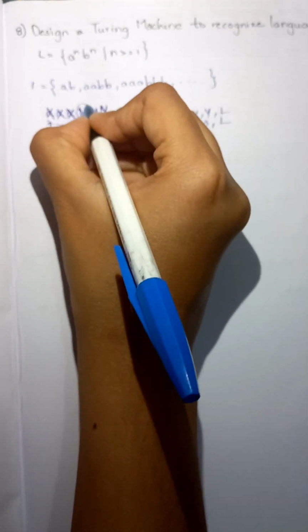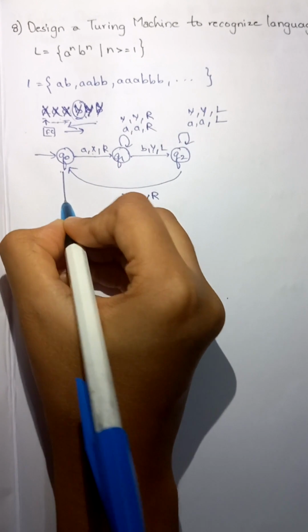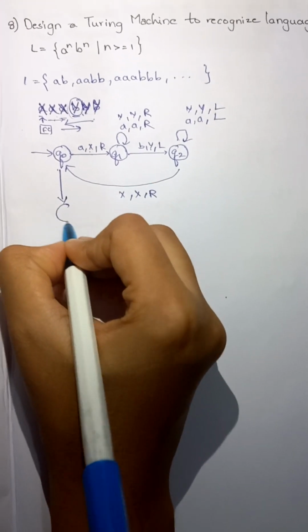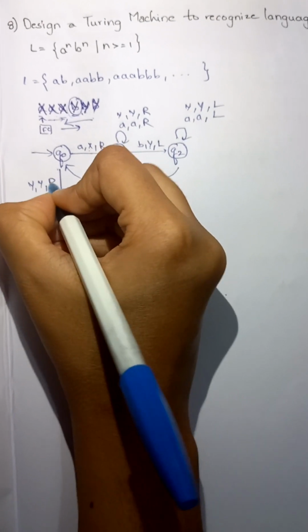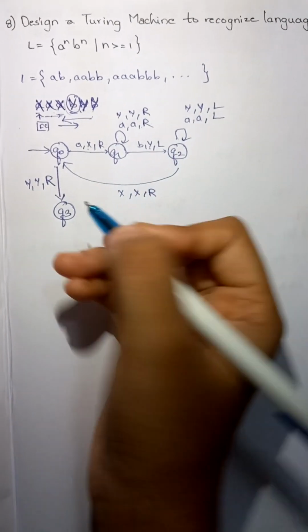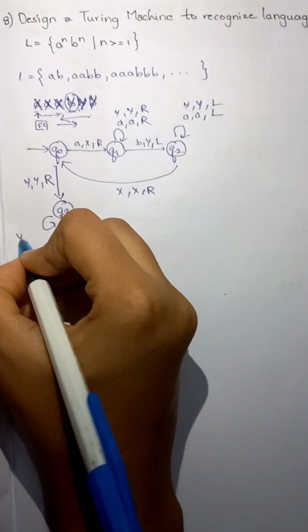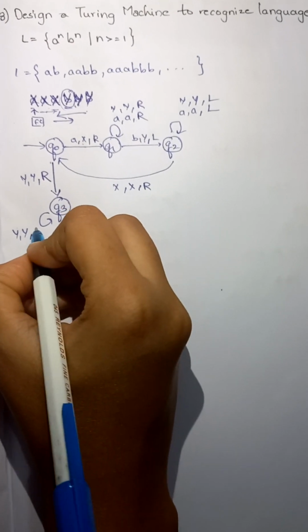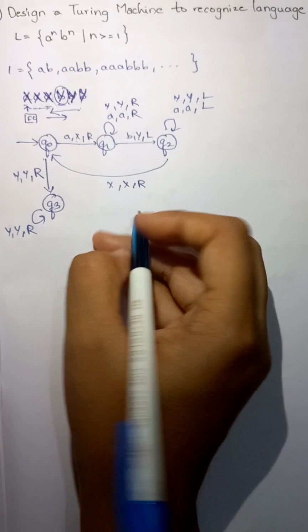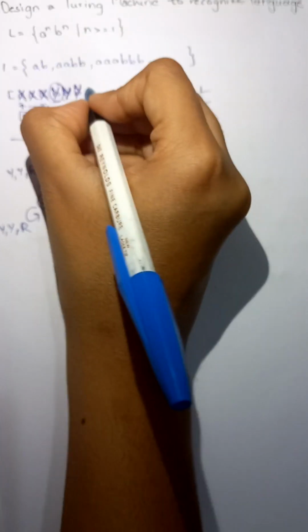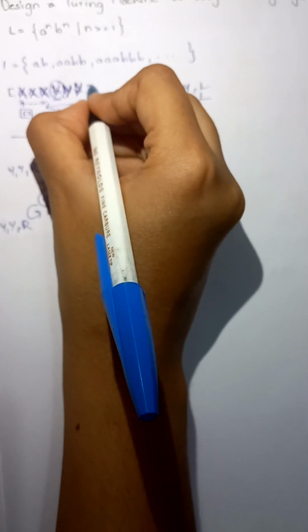So when Y is encountered, it goes to state Q3, keeping Y as Y and moving towards right side. And how many ever Y's are encountered, they are not changed, and the finite controller moves towards right. And there are blanks here.